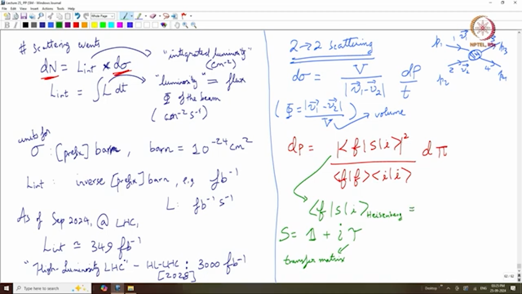We can express this in the Schrodinger picture, where my final state is something that I take at infinity, and the initial state is at t equals minus infinity.